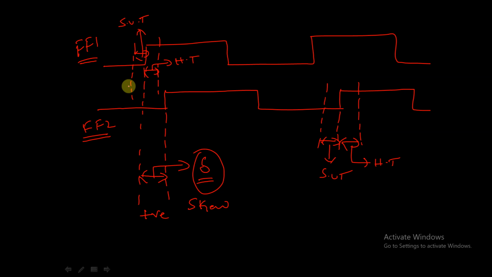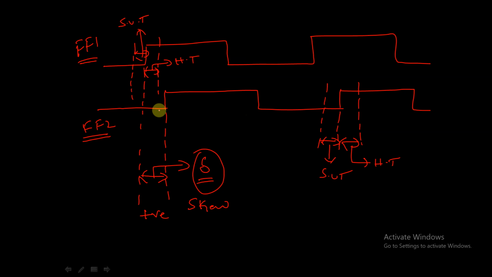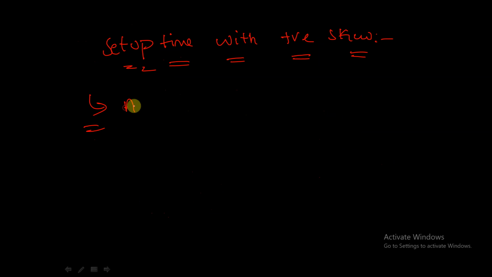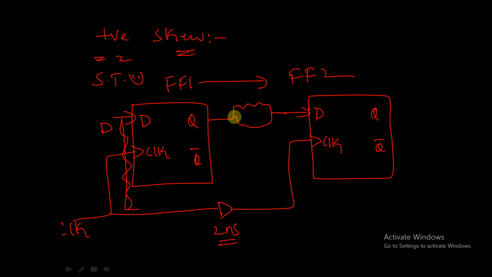So how to calculate the setup time? When the data arrives at flip flop 2, what is the arrival time? In the previous video, we first calculated the arrival time, that is, the time at which data reaches flip flop 2 from flip flop 1. That is the same, right? There is no change in the data path from flip flop 1 to flip flop 2.